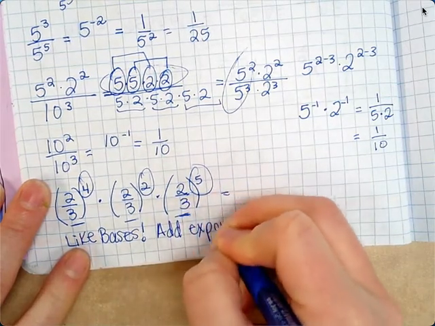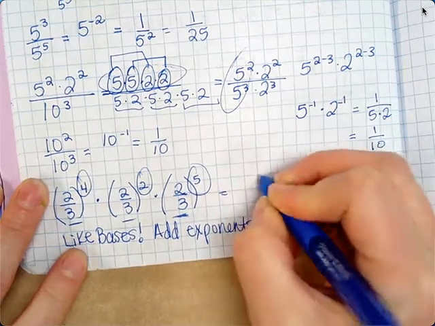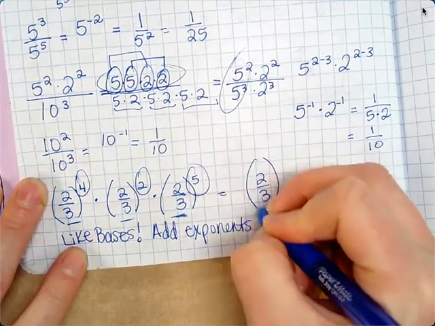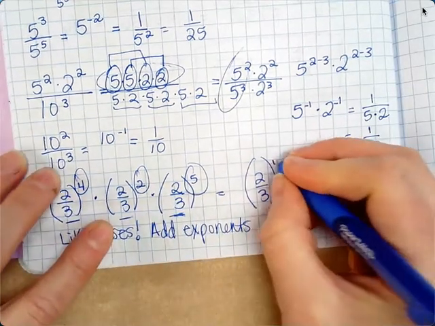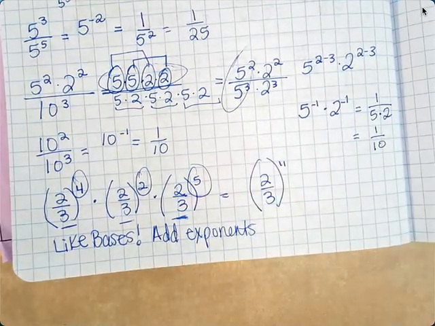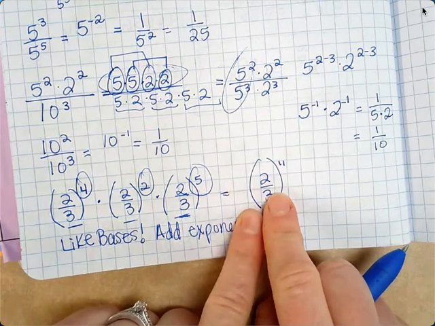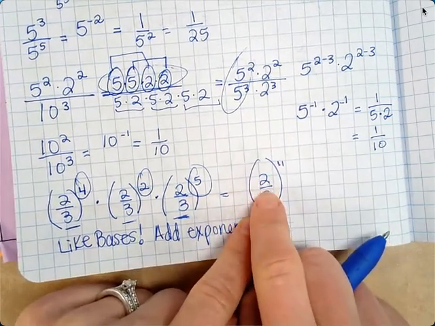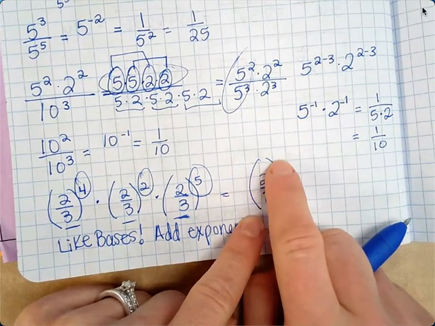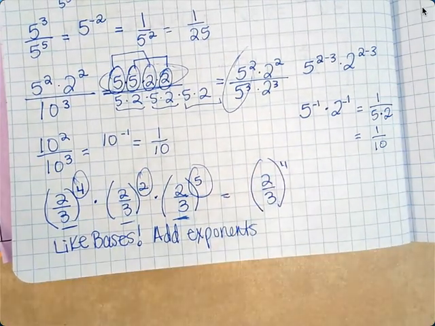So it'd be 2 over 3 with an exponent of 11, because that's 6 plus 5. Yes. And you need to keep it in parentheses because if you have a fraction, then you need to have it to that same power. So it's a whole thing.